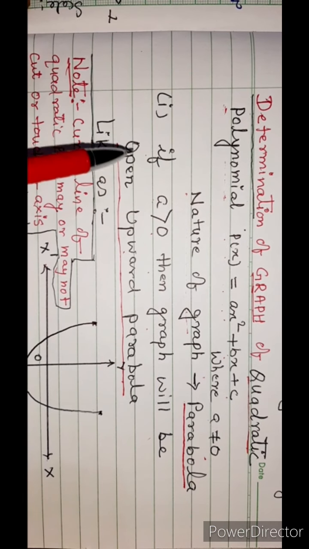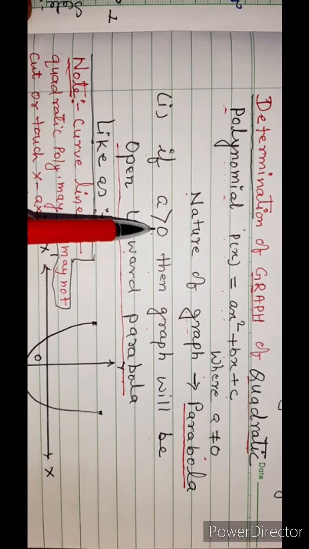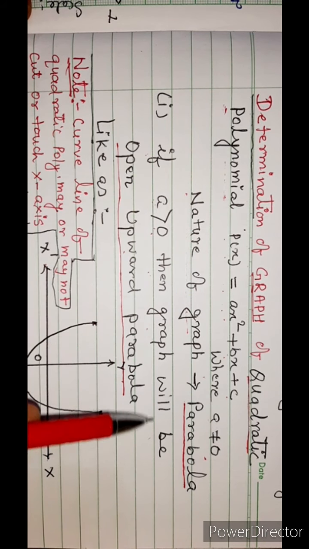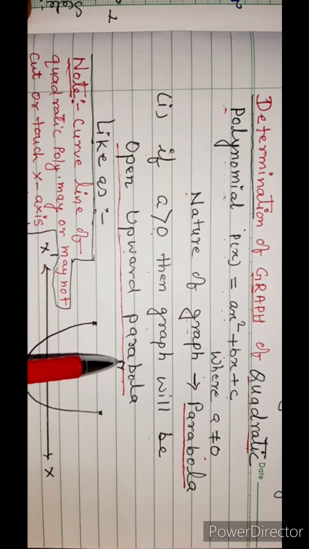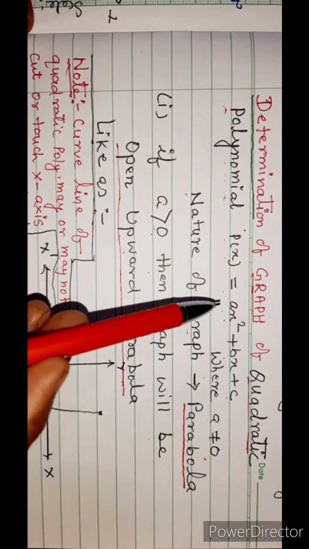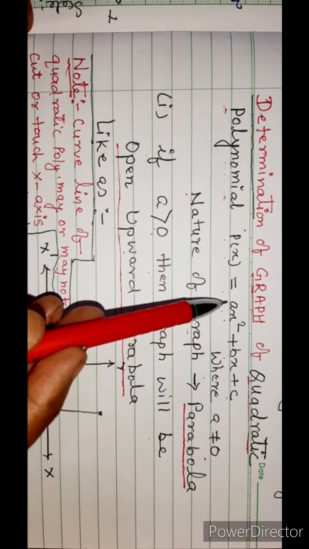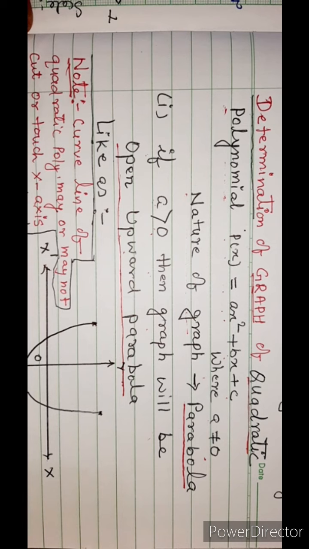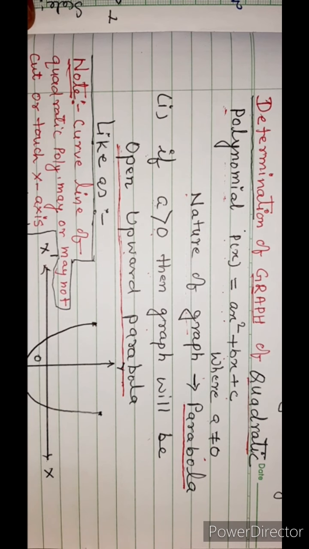Here the first condition: if a is greater than 0, then the graph will be an open upward parabola. It means that if the coefficient of x square is positive, then the graph of the quadratic polynomial will be an open upward parabola, like this.